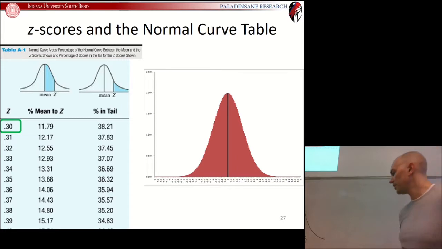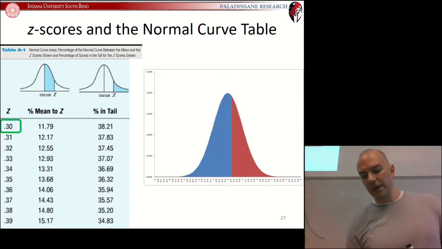So for example, if you want to know not what percentage of the population is above a z-score of 0.3, but what percentage of the population is below a z-score of 0.3. So we want to know what is that area right there. How many people are in that particular area? So we want to know what is the proportion of that blue area right there.